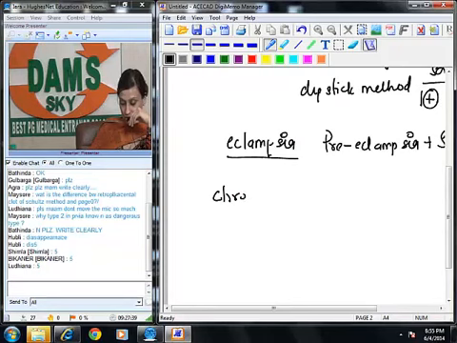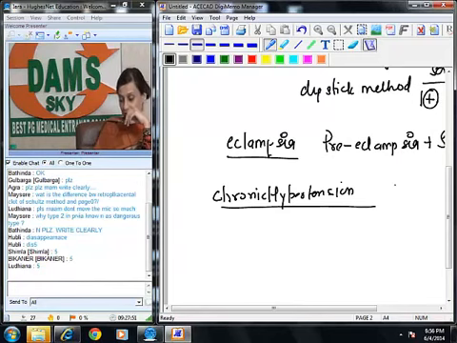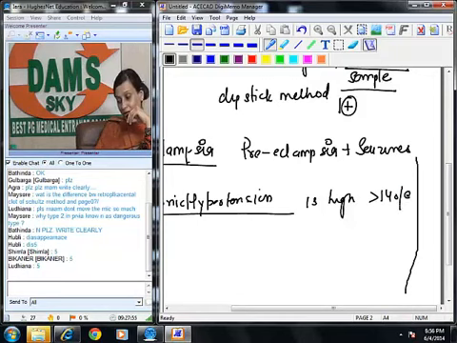The next term we use is called chronic hypertension. So how do we define chronic hypertension? When the blood pressure is high, that is more than 140/90, before 20 weeks of period of gestation.